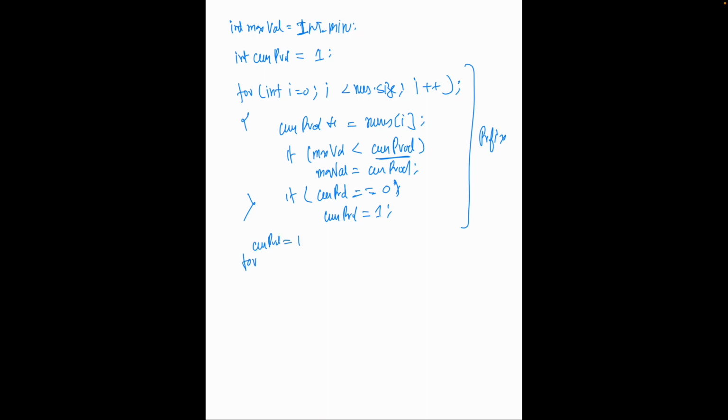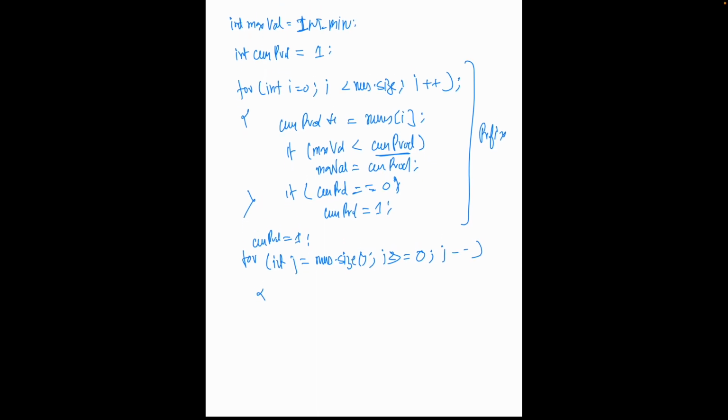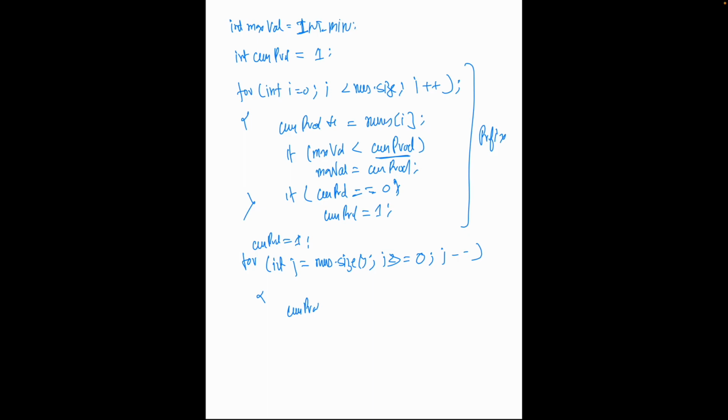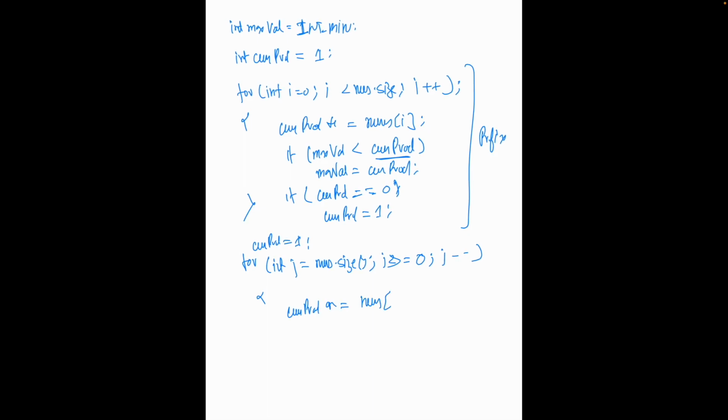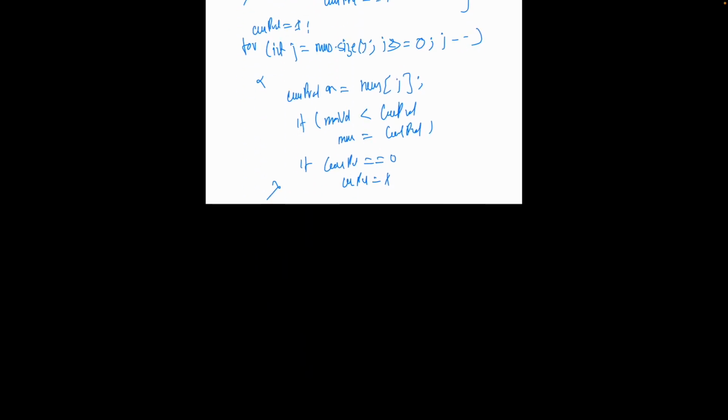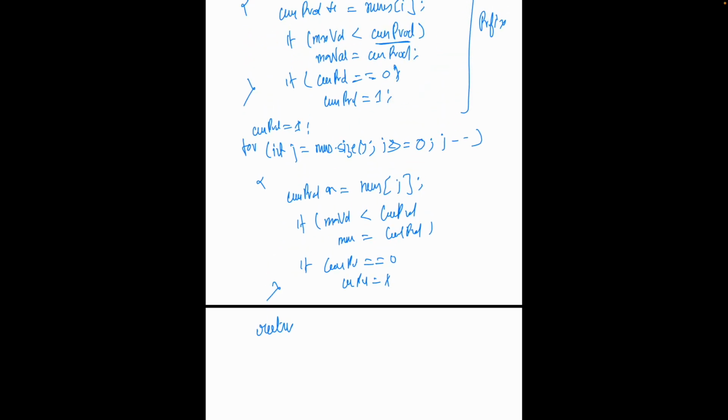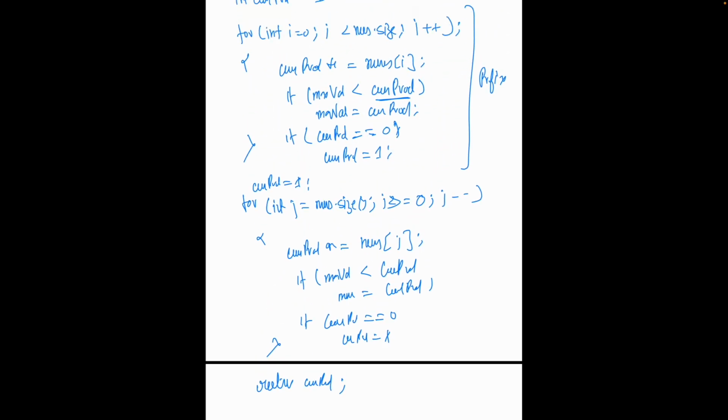We set current prod equal to 1 back here, and then for int j equals nums.size minus 1, j greater than or equal to 0, j minus minus, we do the exact same thing: current prod times equals nums[j], if max val is less than current prod, max val equals current prod, and if current prod is 0, current prod is 1. And at the end of the code we just return max val. Now this algorithm should work.